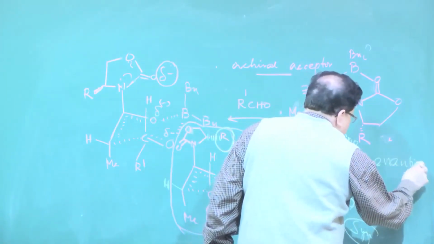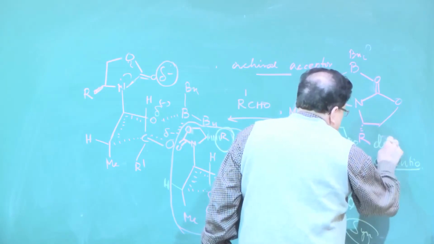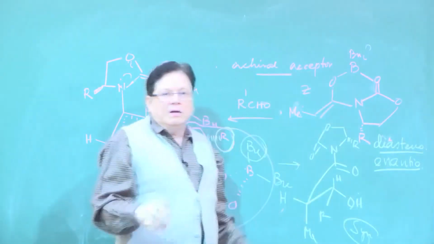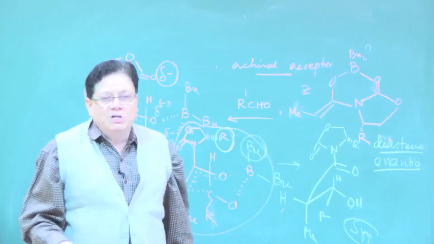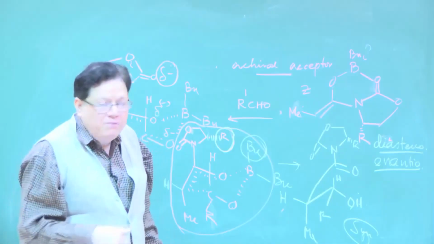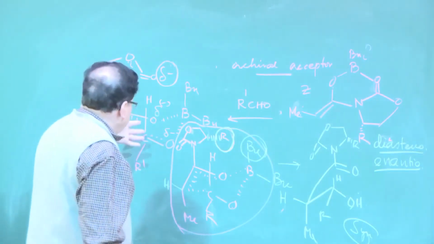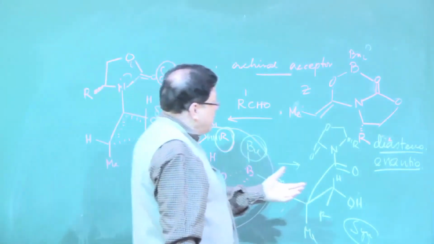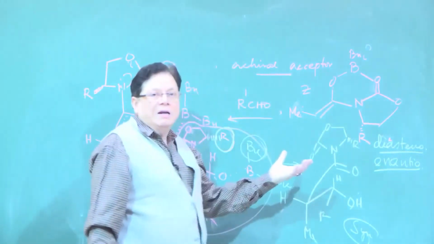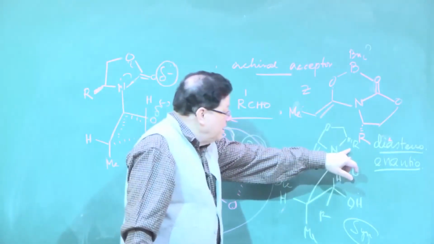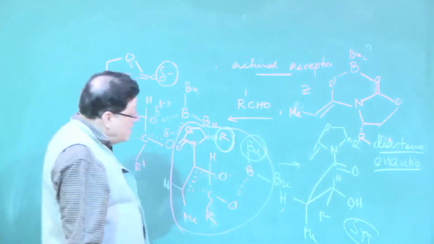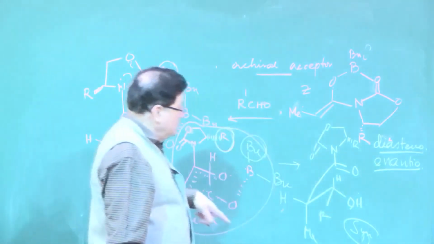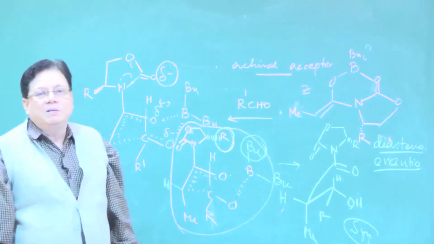It is both enantioselective as well as diastereoselective. But remember, diastereoselectivity comes from natural origin, but it is still further augmented by the existence of this butyl, and enantioselectivity comes from the oxazolidinone, the auxiliary, which gives the enantioselectivity to this reaction.